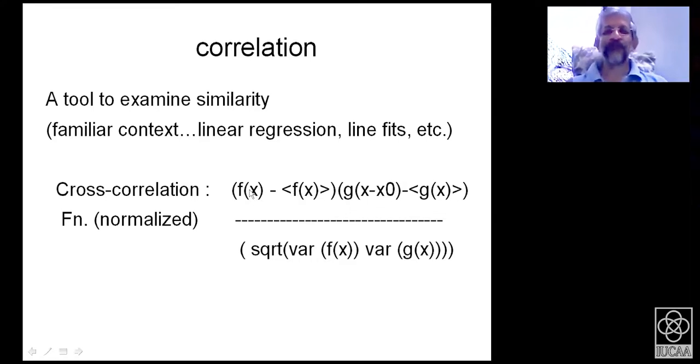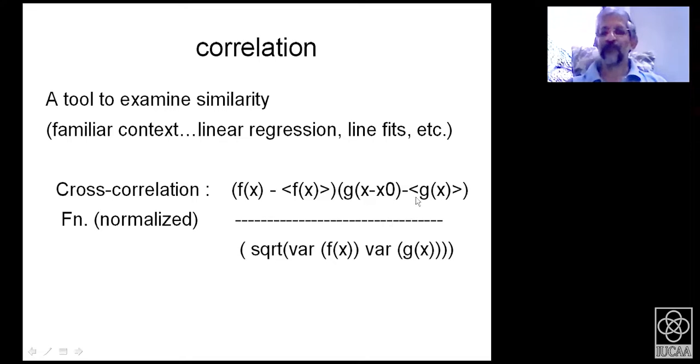So what we want to see is the fluctuation or the deviation of the function from its mean, how they are related to similar deviations in the other function at the corresponding points, or at a shifted version of those corresponding points.